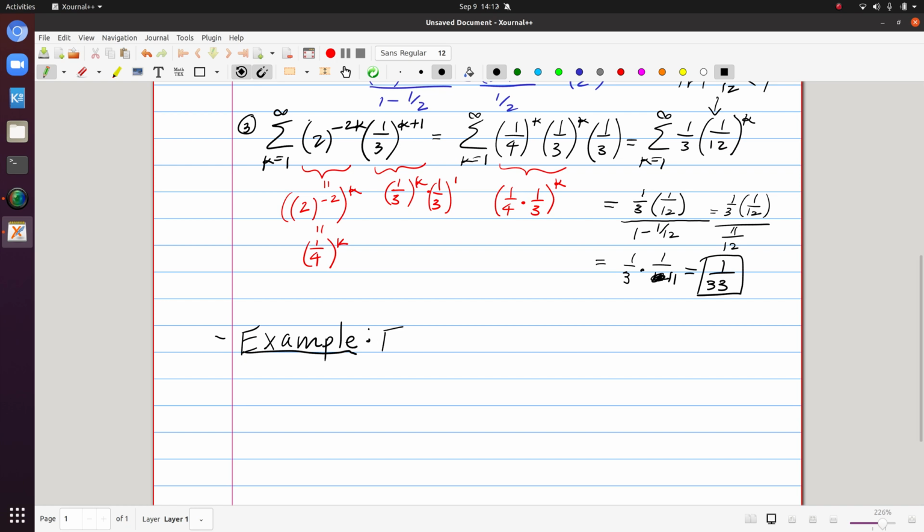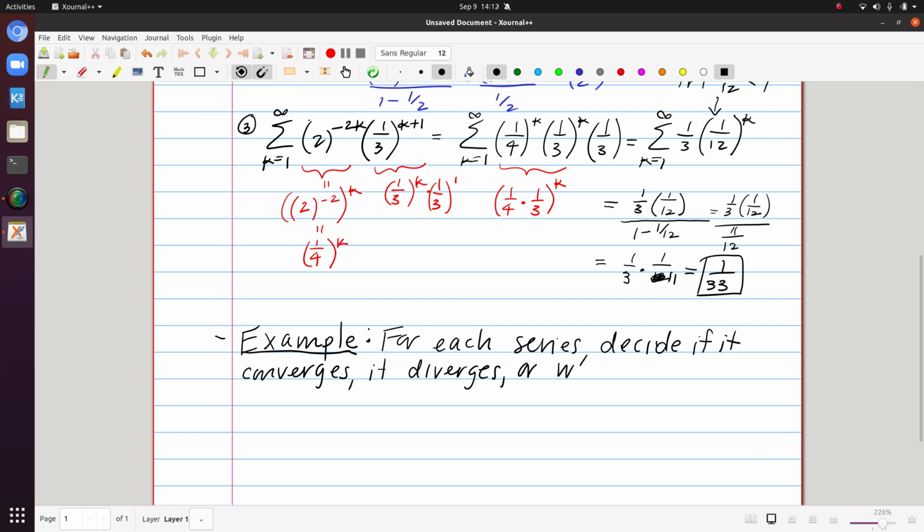So I'm going to look at several series here, and we'll say for each series, decide if it converges, if it diverges, or we don't, I should say currently, have enough information to decide.